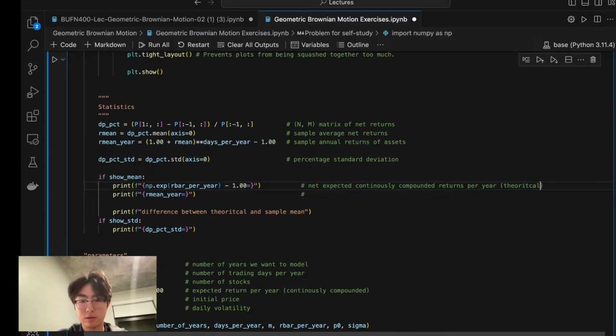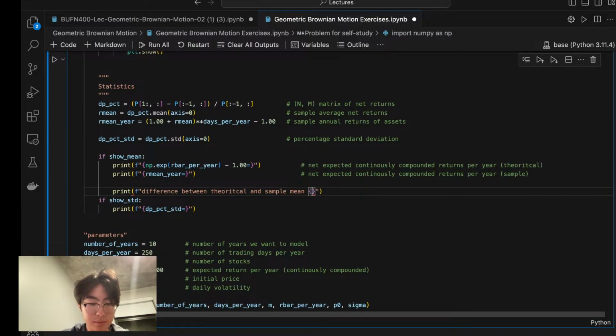Theoretical, and that's expected continuously compounded returns per year, and this is our sample.